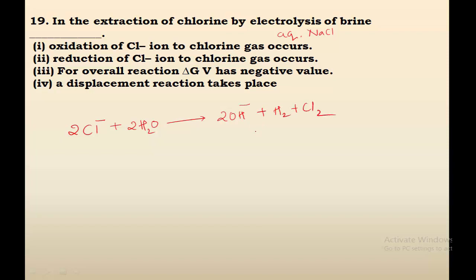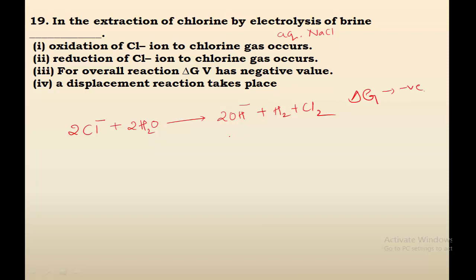From this, what takes place? Whether oxidation takes place or reduction takes place. So here you can see not only oxidation and reduction take place. For the overall reaction, the delta G value will be negative.